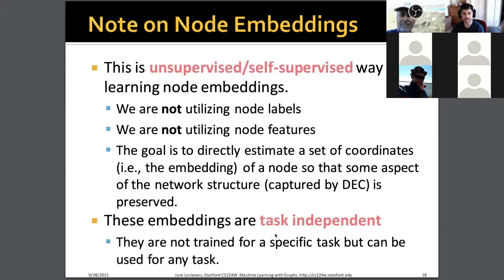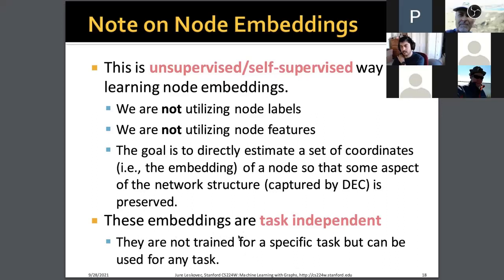We're not teaching it something specific yet. We're just teaching it to create something useful out of the structure of the graph, something that can be used later for downstream tasks. Later, if you want to do node classification or edge classification or something like that, we want these embeddings to be useful for any of those, for any different combinations.